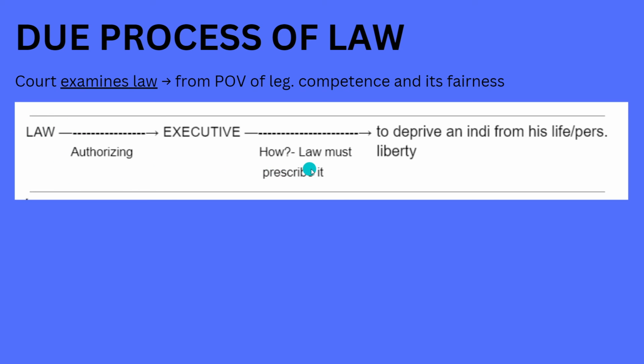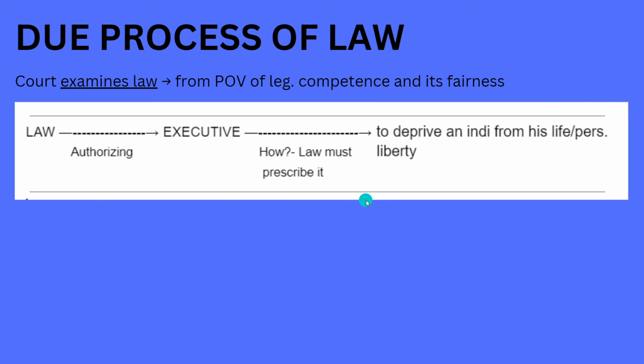Second, whether the procedure prescribed by the legislature is followed by the executive or not. And third, whether the procedure is just, fair, and reasonable. If these three conditions are met, then the judiciary will hold the actions of the executive as legally valid.